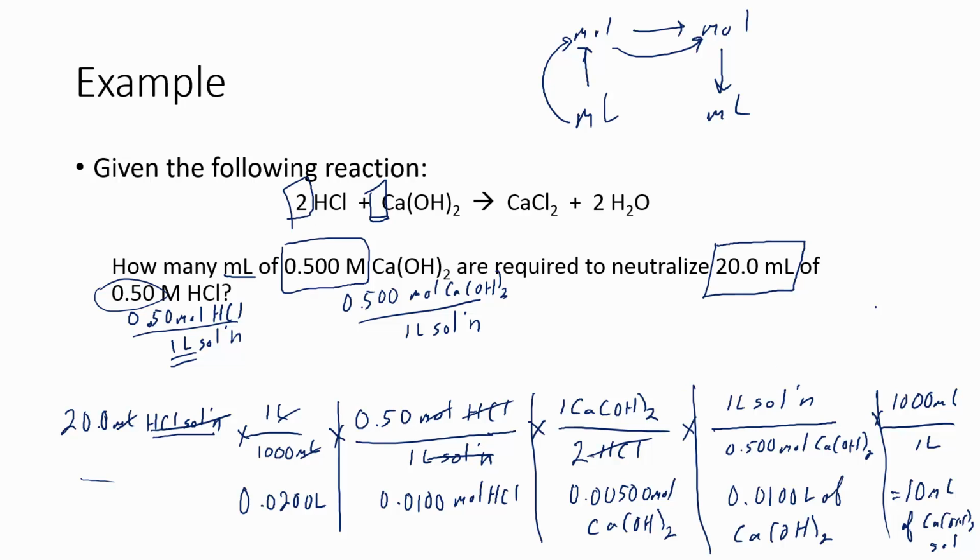Well, I need 20 milliliters of hydrochloric acid. They are the same concentration, so the only factor I have here is that I need twice as much hydrochloric acid as calcium hydroxide from the equation. Since they're the same concentration, I can look at that ratio. Well, I have twice as much hydrochloric acid as calcium hydroxide, so that fits. And that's pretty much as hard as this can get.